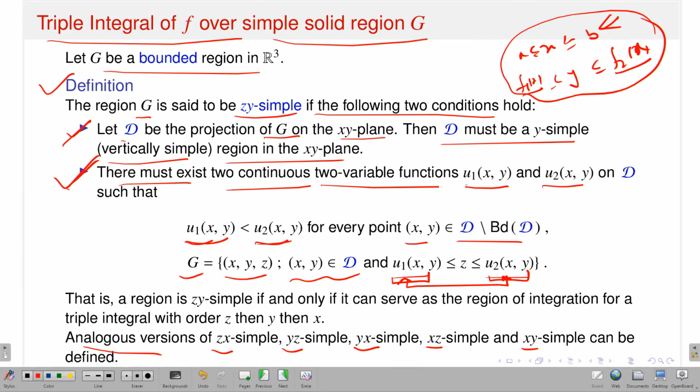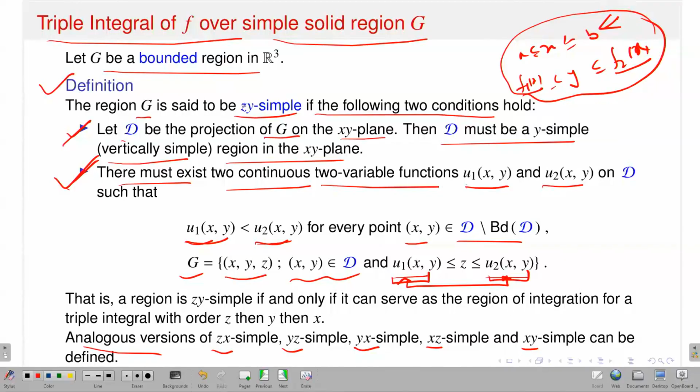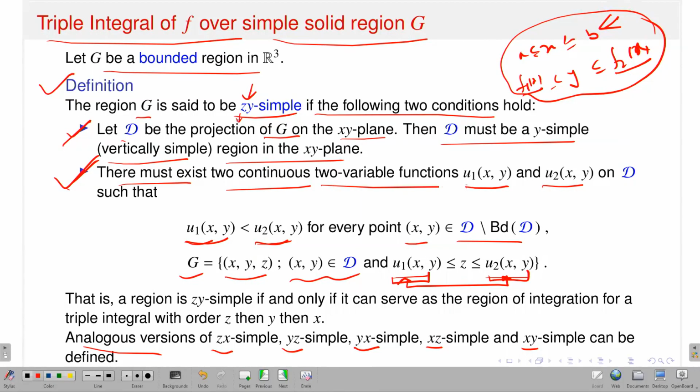So, a domain in R3 that I am saying is zy simple. From this zy simple you can guess: the variable z first of all varies from a function of xy to a function of xy. That is the kind of association you can remember. And what is missing here? The x variable is missing, right.